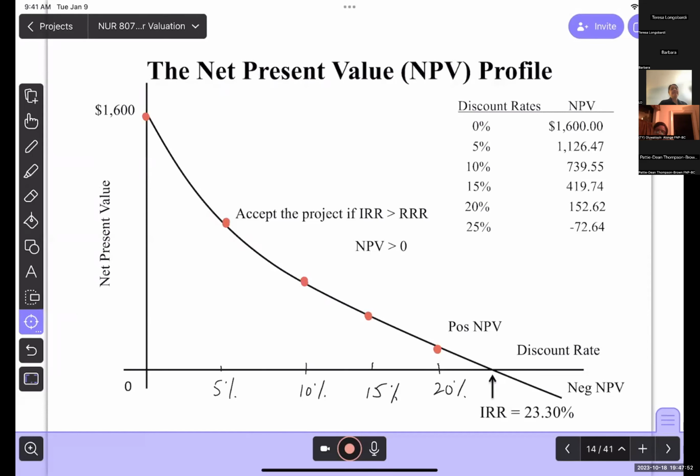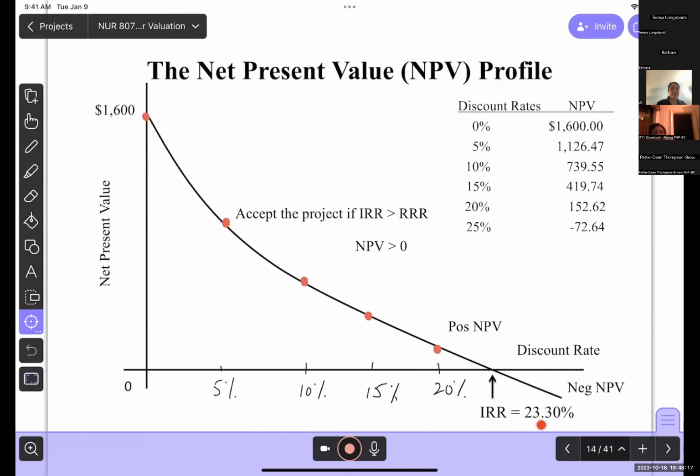Anything before 23.3. So what does it mean? It means that the hospital or the HCO can comfortably pursue the project. It'll be profitable as long as their required rate of return is less than this.